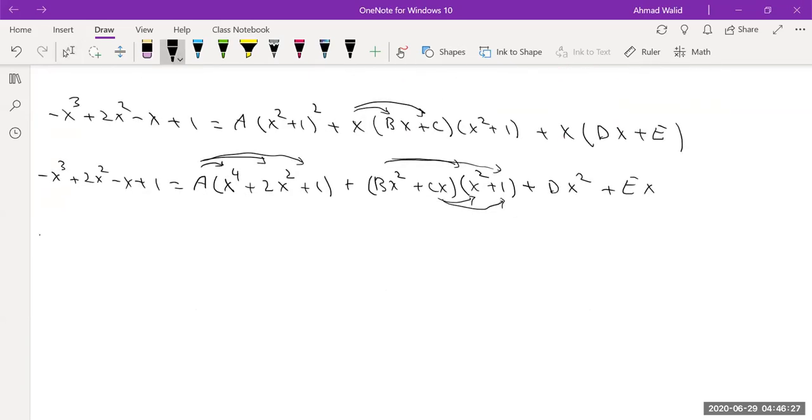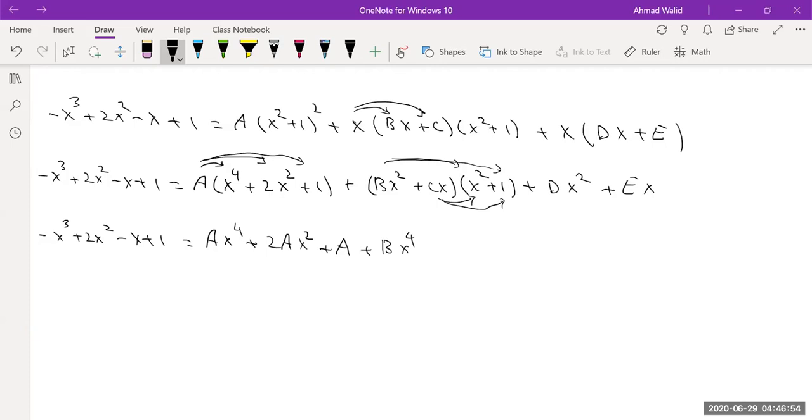Then you can write negative x cubed plus 2x squared minus x plus 1 equals ax to the power of 4 plus 2ax squared plus a, plus here bx squared times x squared gives you bx to the power of 4.